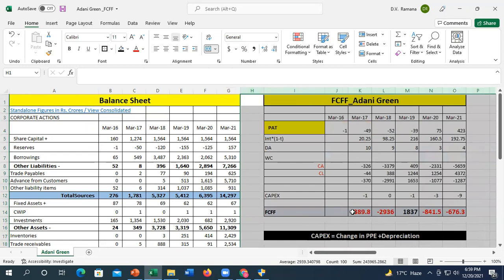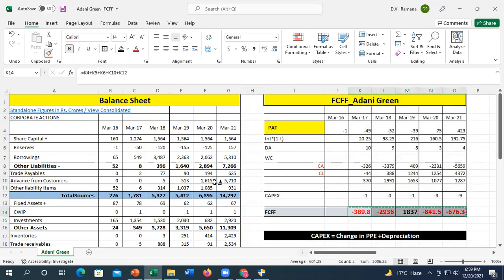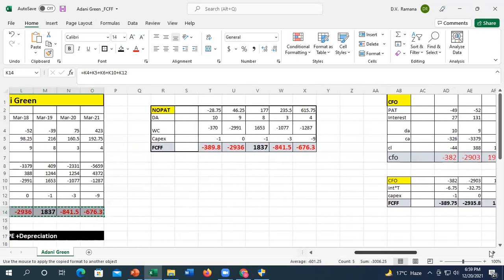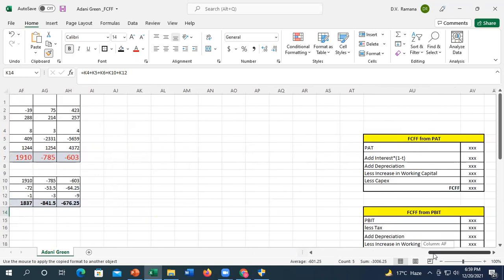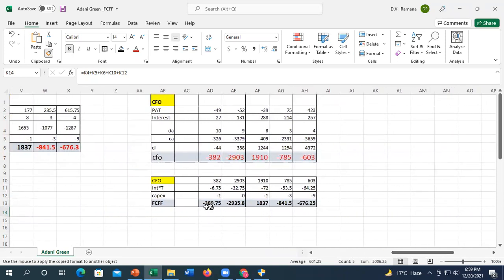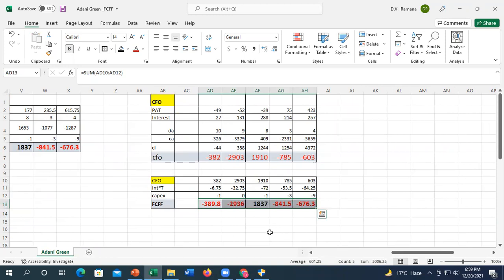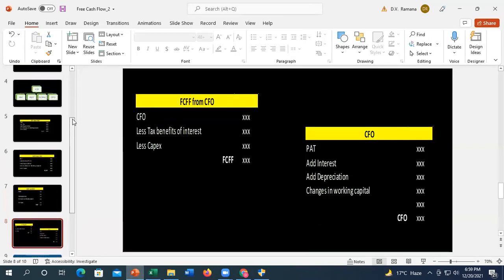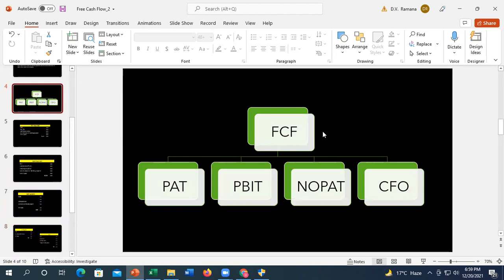We can see therefore that free cash flows for the firm can be derived from PAT, from NOPAT, and also from cash flow from operations. But in all the cases, whatever approach you follow, we arrive at the same number, that is free cash flows for the firm. So what did we learn here?